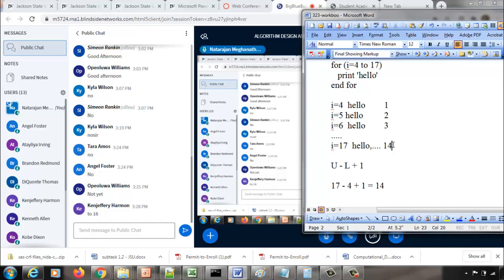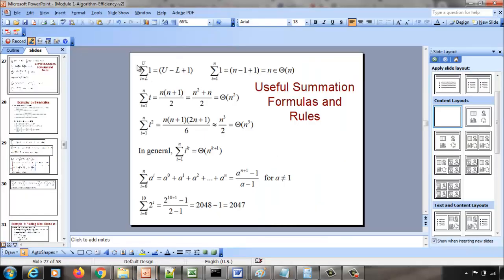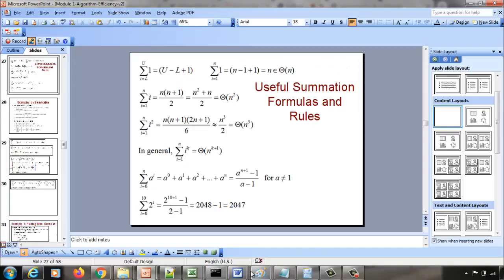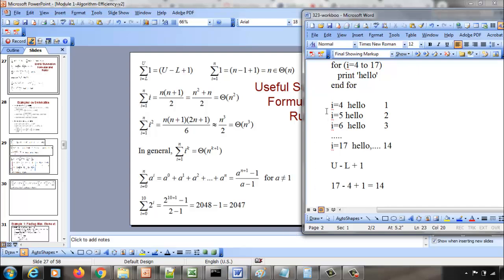So that's what I have given here as a formula. A summation is like a for loop, i equals L to U, the lower limit to the upper limit, and here I put the print statement. How many print executions do you do for each iteration? One execution, right? That is how we have to interpret this. This is our basic operation. How many times do we run our basic operation in each iteration?